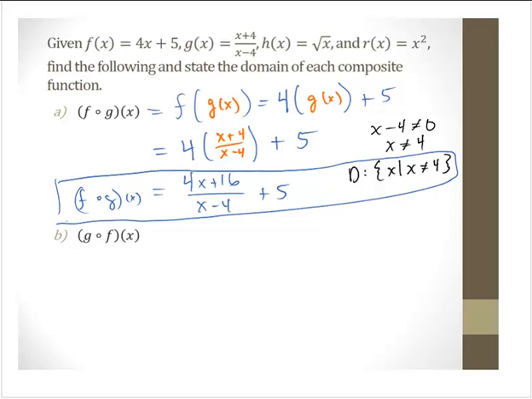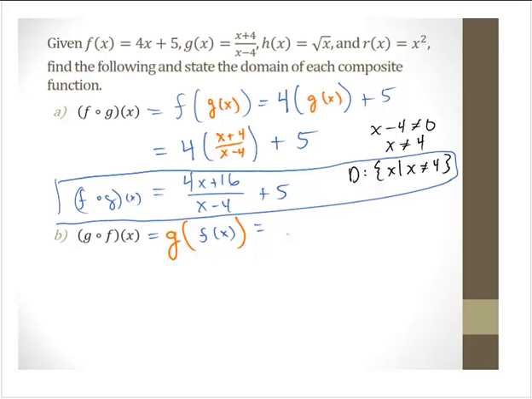All right, let's determine g composed with f of x. If we switch over to the other notation, we have g of f of x. Now g of x is x plus 4 over x minus 4.